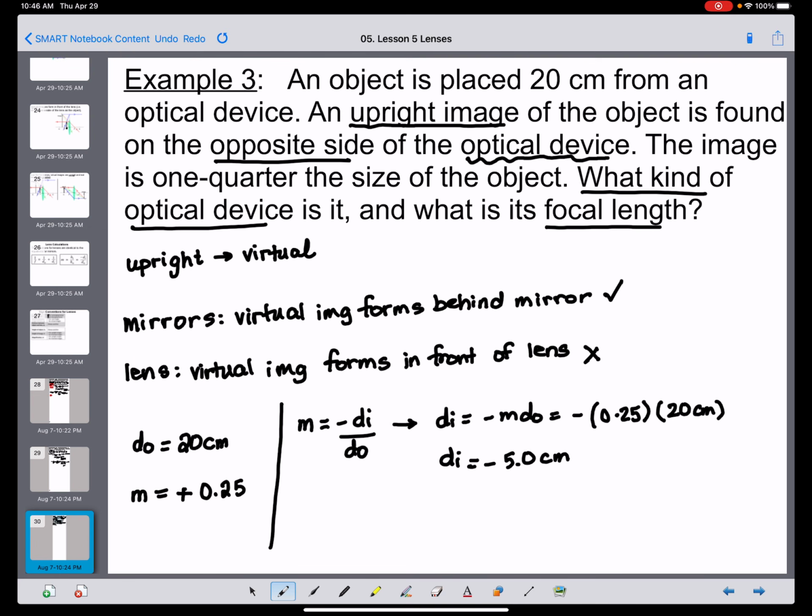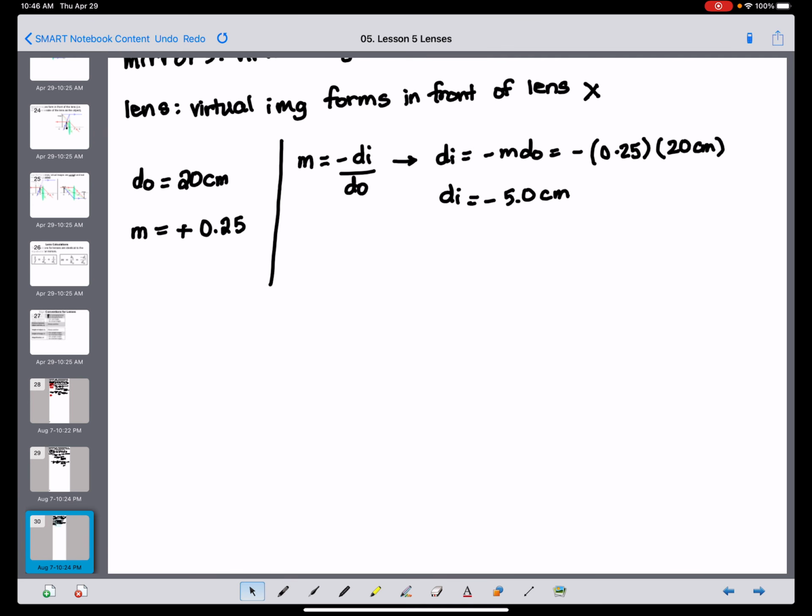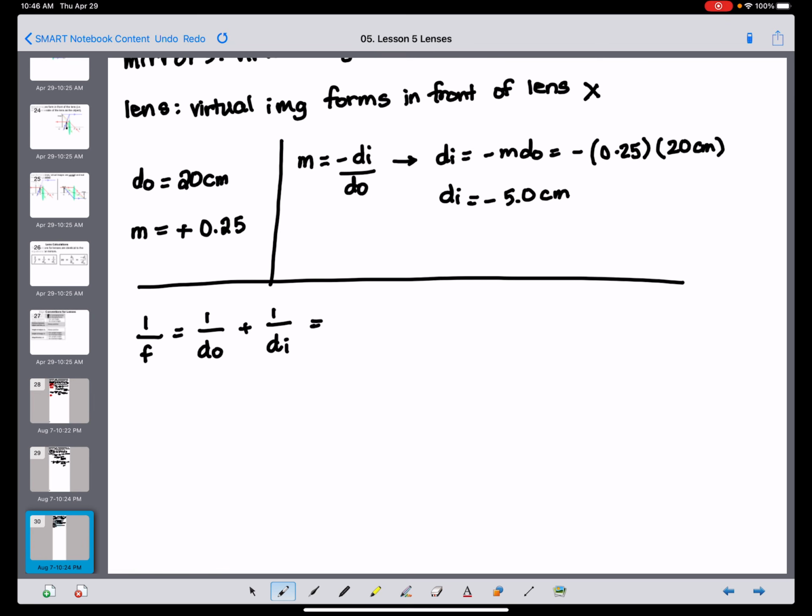Okay, now let's find our focal length. 1 over f is 1 over DO plus 1 over DI. So we have 1 over 20 plus 1 over negative 5. And that gives negative 0.15 centimeters to the power of negative 1.